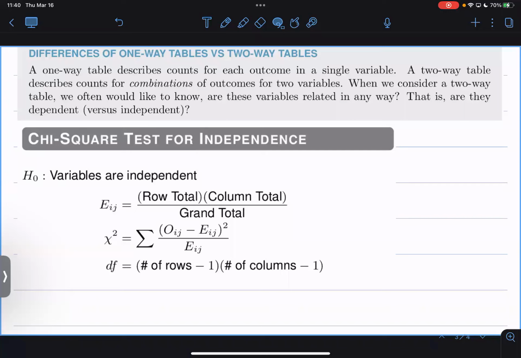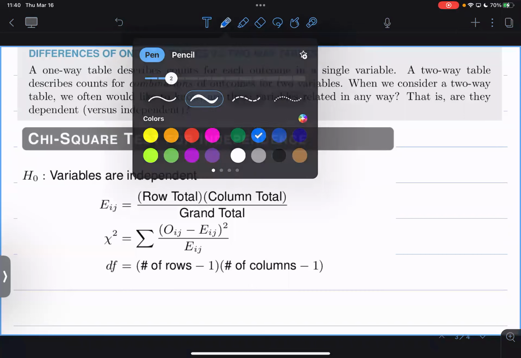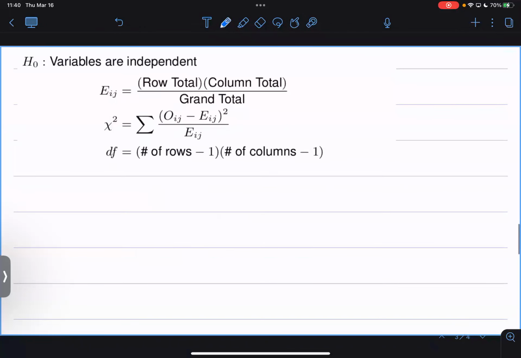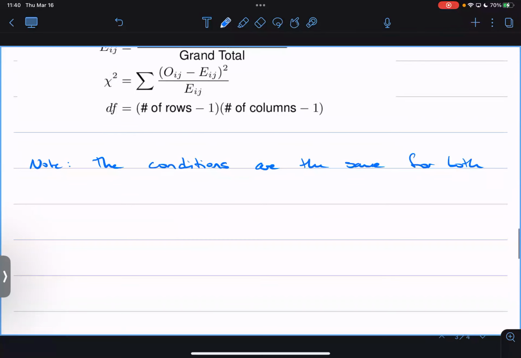But let's recap. So let's note the conditions are the same as for the other chi-squared test. The conditions are the same for both chi-squared tests. And I think it's any chi-squared test.